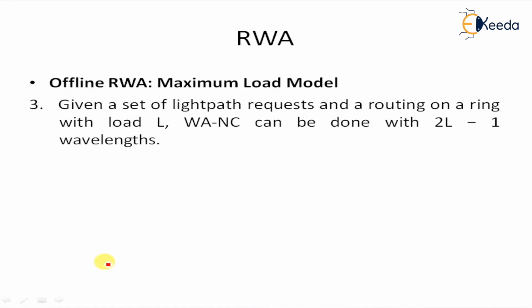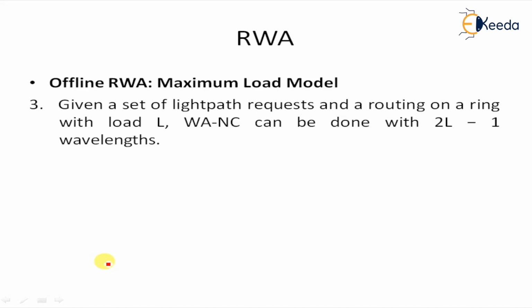So the third one: given a set of light path requests and a routing on a ring with load L, wavelength assignment can be done with 2L minus 1 wavelengths.